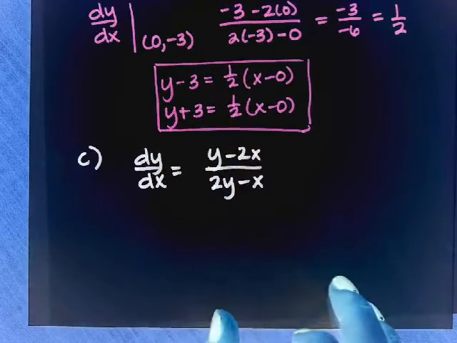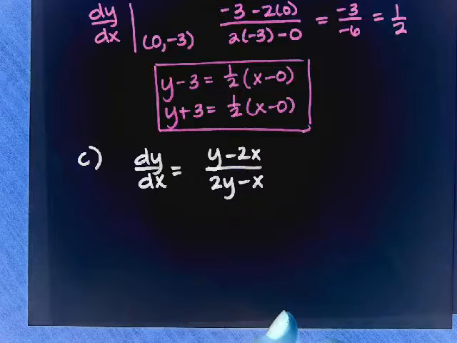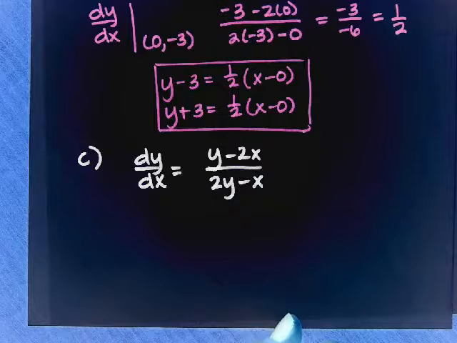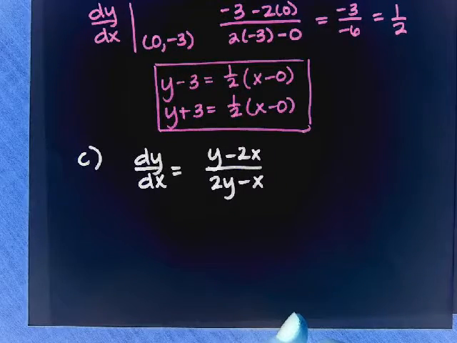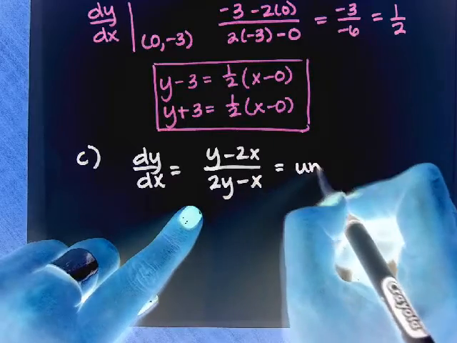So to find a vertical tangent line, our derivative gives us the slope of a tangent. And if we want a vertical tangent, then we have the slope of a vertical line, which is undefined. So we need our derivative to be undefined.